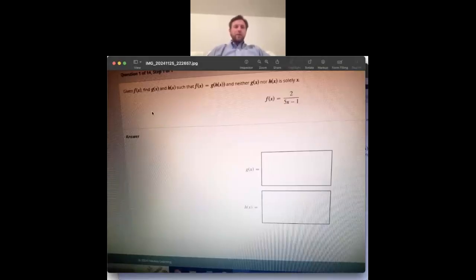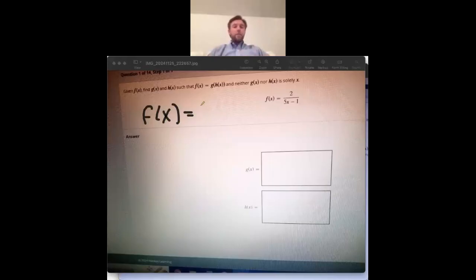Okay, so suppose I have a function like this. f of x equals, a wholly new problem, 3 minus 4x, all of that over 7. Same sort of thing.